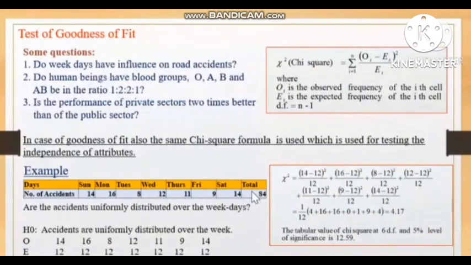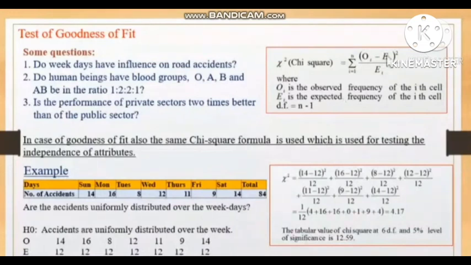Now we have to test whether this observed pattern, because we have observed that on Sunday there are 14 accidents, on Monday 16 accidents, on Tuesday 8 accidents, like this, fits with this expected pattern or not.